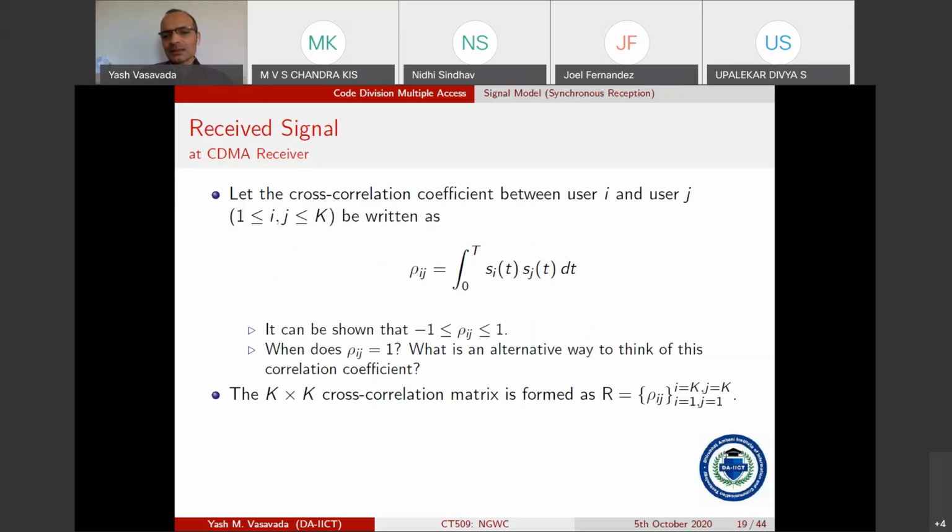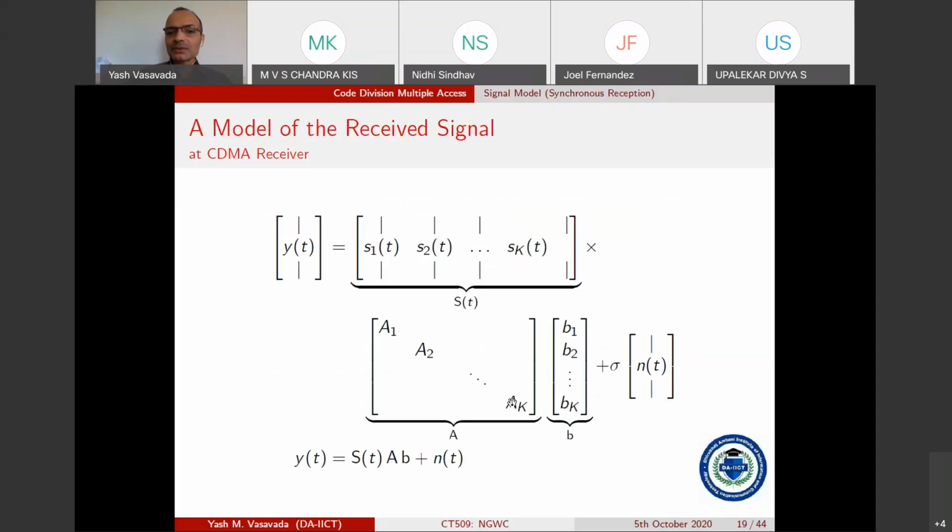So this R is slightly different from the capital R matrix that we had considered earlier. The only difference is that in that earlier formulation of R, there will be the same term rho ij, but that rho ij will be additionally multiplied by the square root of symbol energies of the ith and jth transmitter. Basically square root of ai times square root of aj.